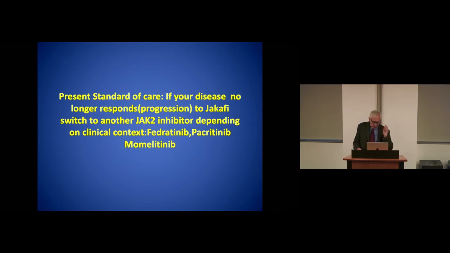So this is the present standard of care: if your disease no longer responds to Jakafi, physicians switch to another JAK2 inhibitor depending upon the clinical context, that is, the blood counts of the patients, whether the patient is anemic or thrombocytopenic.